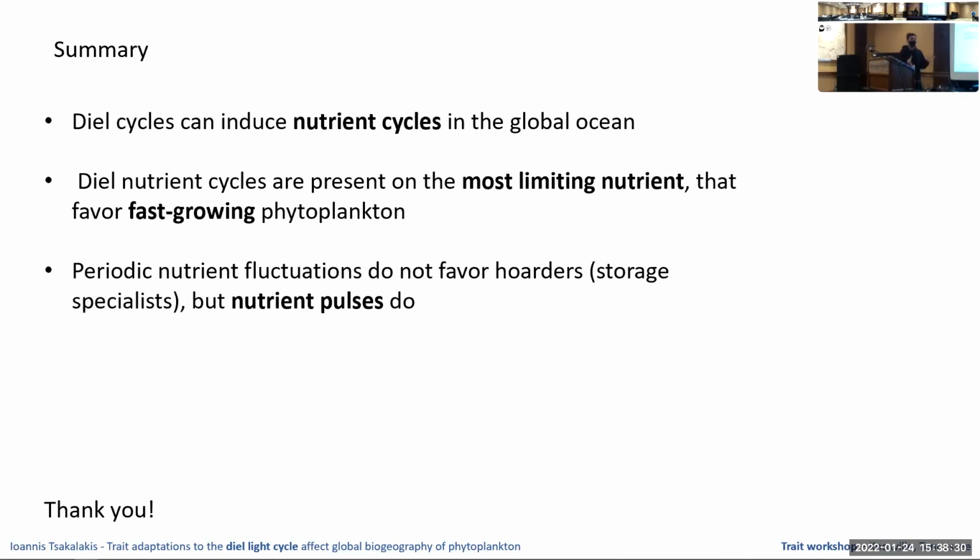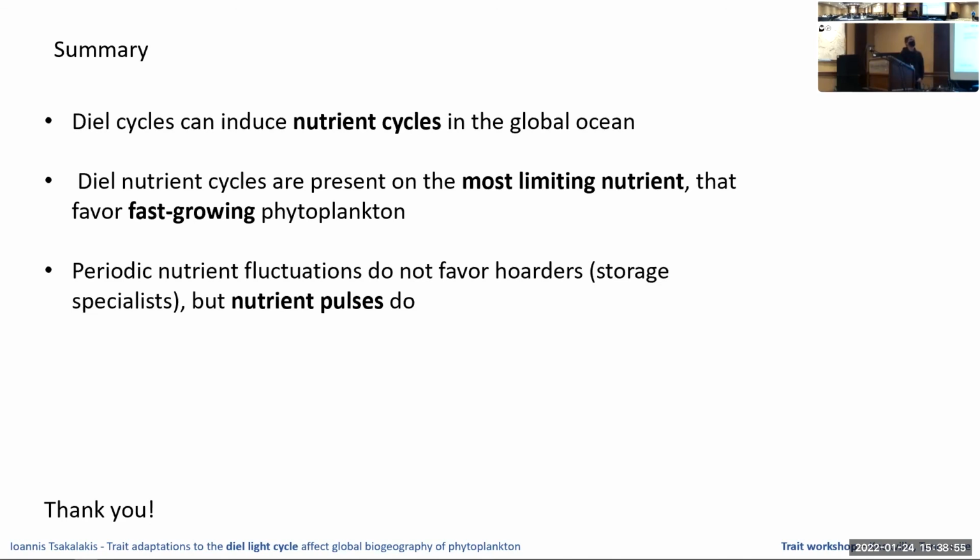I have found some studies at higher latitudes showing that the diel fluctuations of nutrients are very similar to what we found in the global ocean model, although the most important effect in the model was at low latitudes.